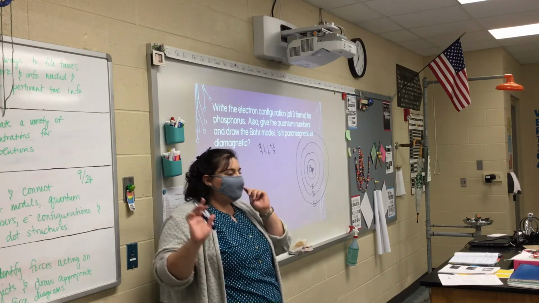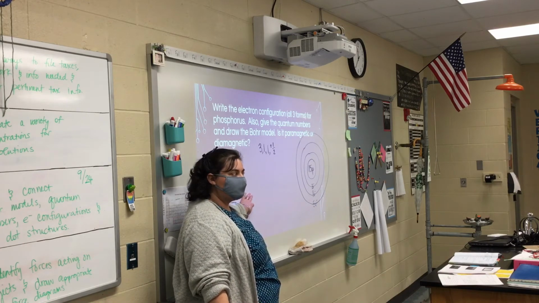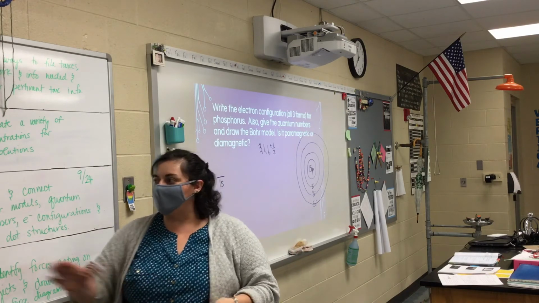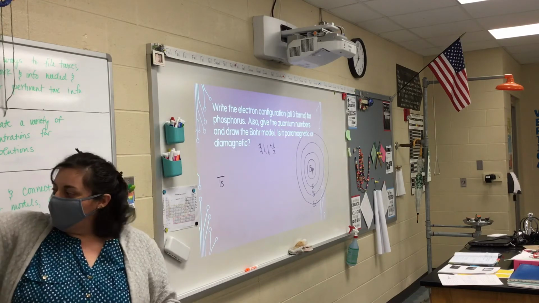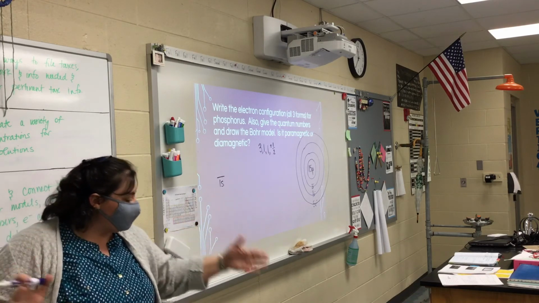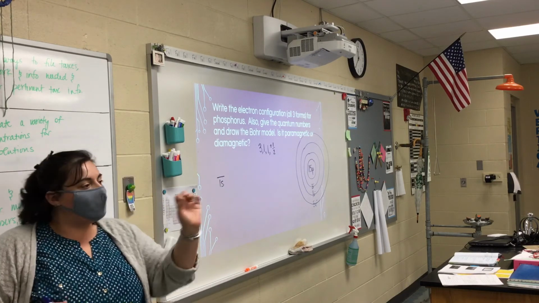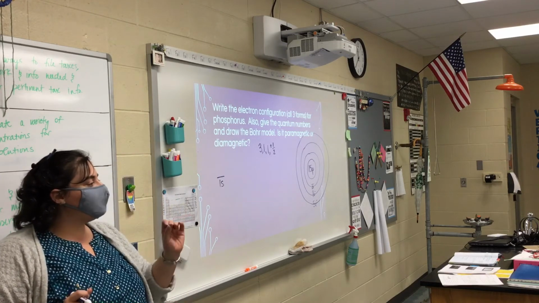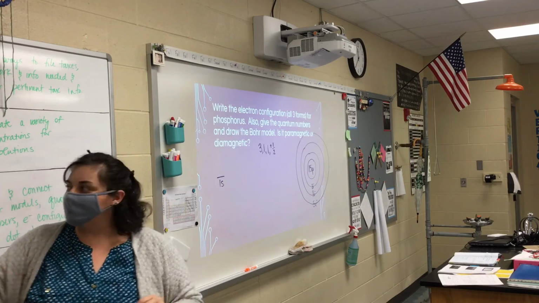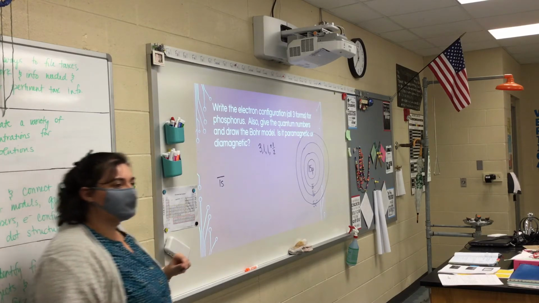Now, this is supposed to help you write these in order. I want to point out that when I did this, I did all my S orbitals first, 1 through 7. You don't even have to memorize how it's put together because you have it right here in your resource packet. But the arrow shows us the order they go in. So we draw a series of parallel arrows. Do you see it goes through 1S first?